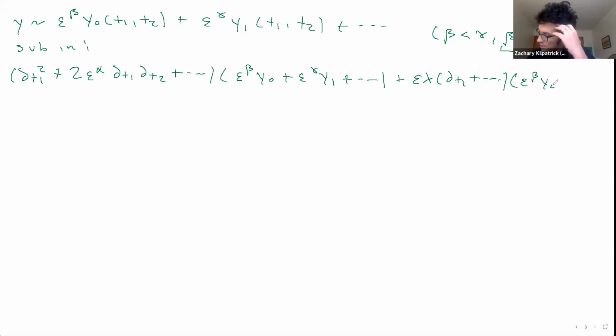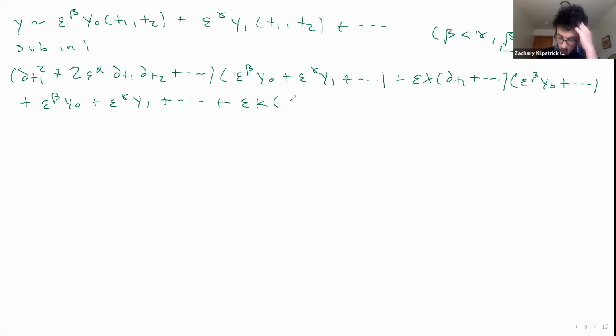Epsilon to the beta y0 plus higher order terms plus epsilon to the beta y0 plus epsilon to the gamma y1 plus epsilon kappa, epsilon to the 3 beta now. Now we get sort of an interesting comparison of powers plus some higher order terms that probably are not going to matter for our leading order expansion. Epsilon cosine T1 plus epsilon omega T1.